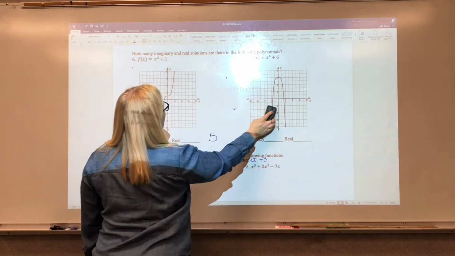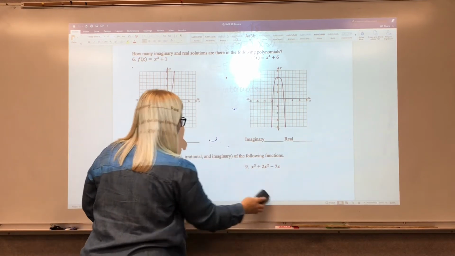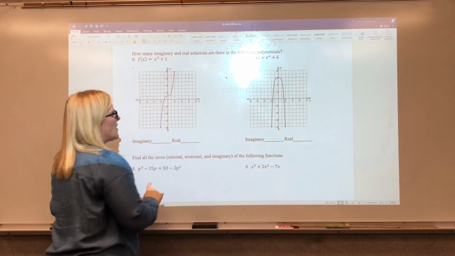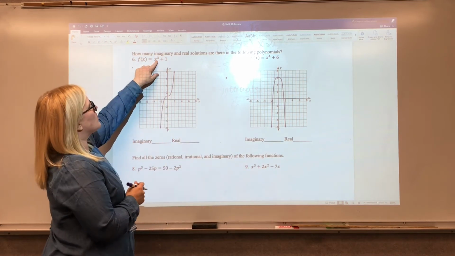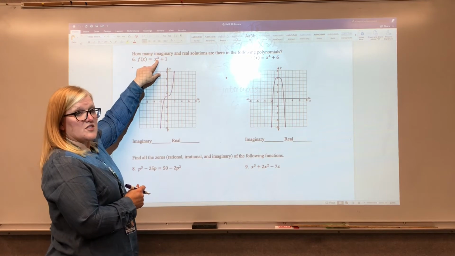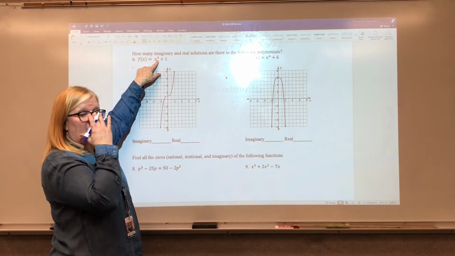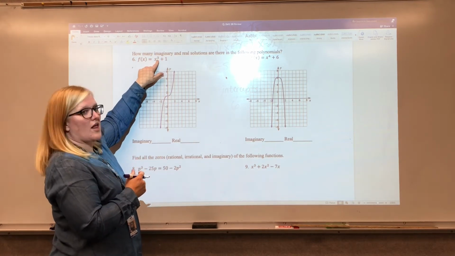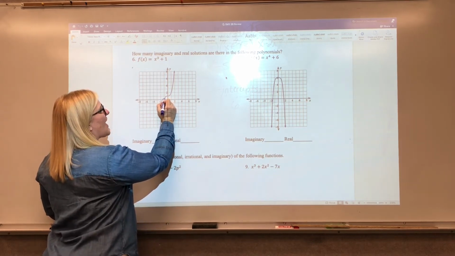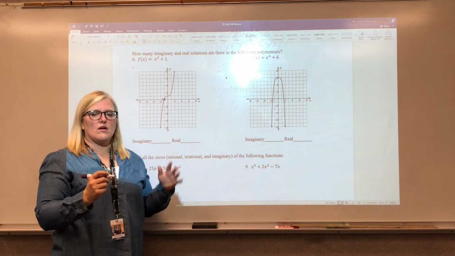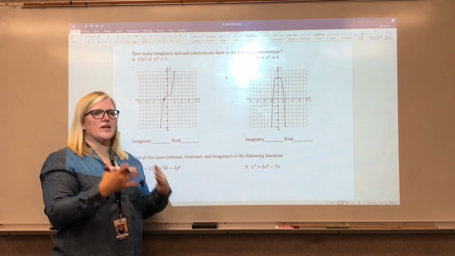How many imaginary and real solutions are there in the following? Okay, we talked a little bit about this in class, but I have a total of 3 solutions in this problem. According to the fundamental theorem of algebra, it's the degree of the polynomial, so I have 3. And I know that the one that crosses the x-axis, or the ones, any of them, are the real roots.